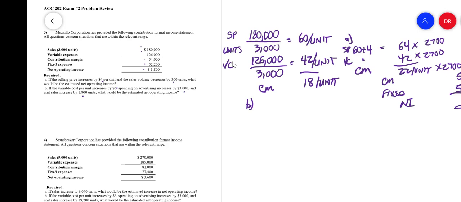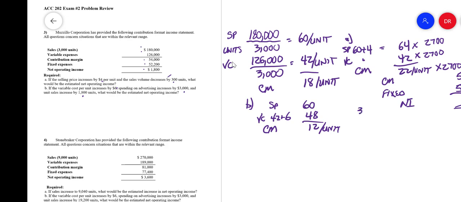So the sales price per unit will still be $60. The variable cost per unit will be $42 plus 6, or $48, giving us a contribution margin per unit of $12.